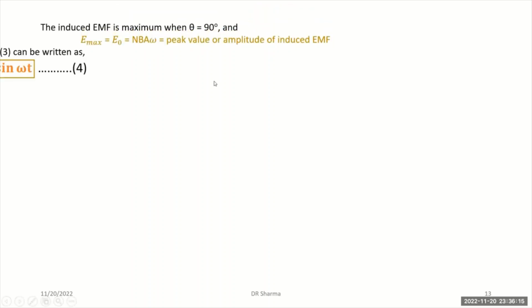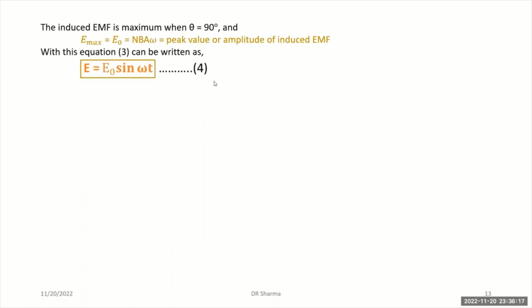Now, the maximum value of that induced EMF is at theta is equal to 90 degrees, and E maximum is denoted by E naught as value N B A omega.